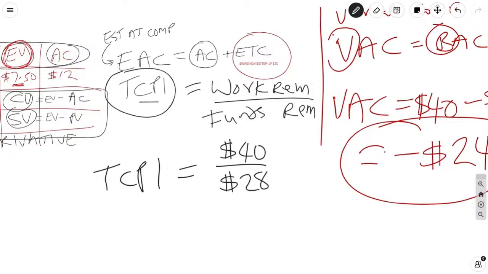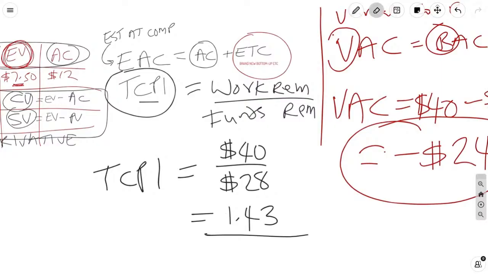This tells you that in order to meet management's original budget, you are going to have to work super hard. And the number that you get for this metric, in this case, is going to be 40 divided by 28. And that's going to give you 1.43, thereabouts.